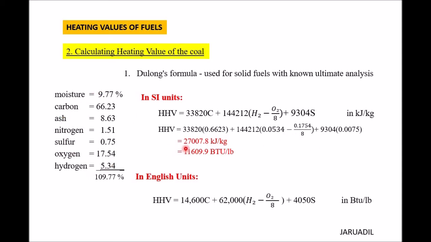So we got 27,007.8 kilojoules per kilogram, or if we convert that to BTU per pound, that is 11,609.9 BTU per pound. You can also use this in English units and you will arrive at approximately 11,609.9 BTU per pound.